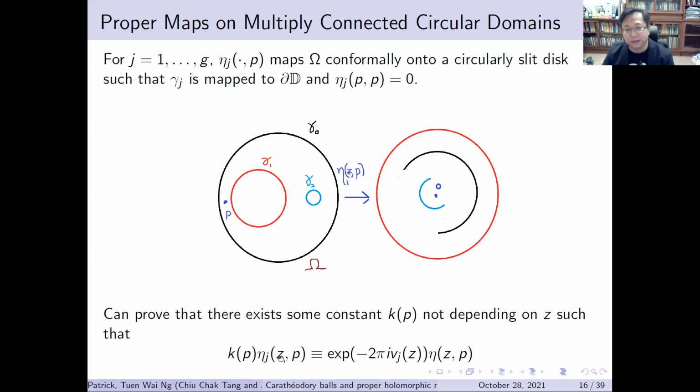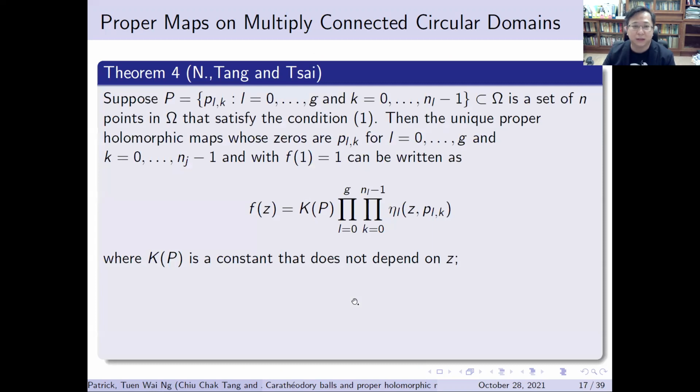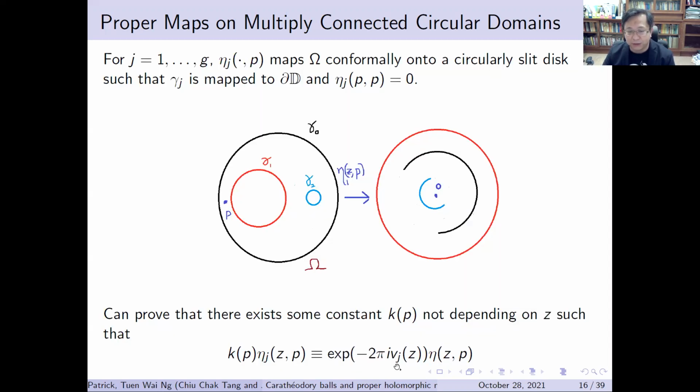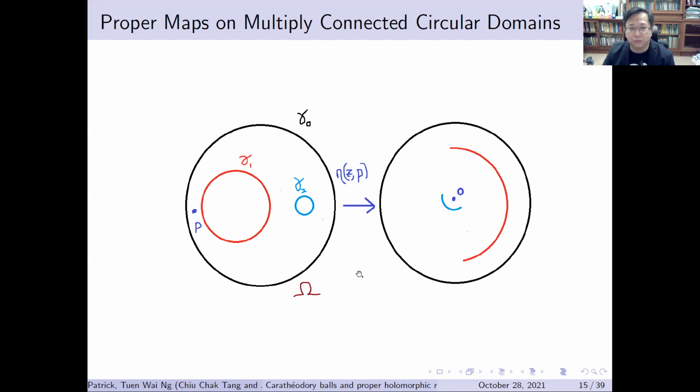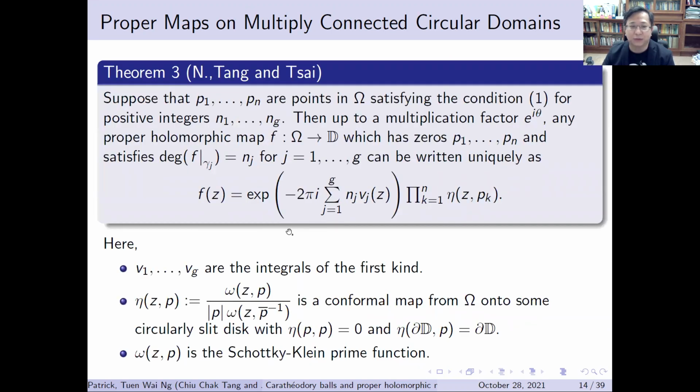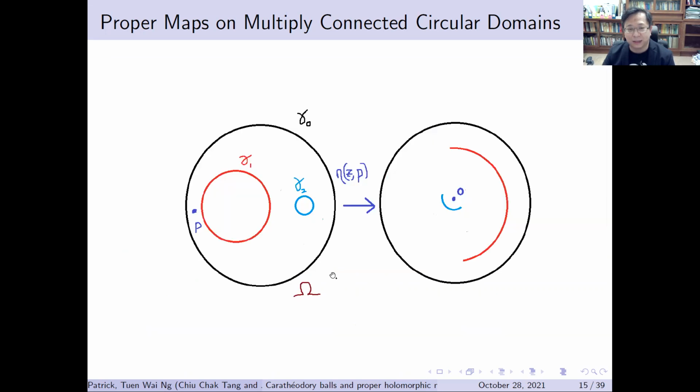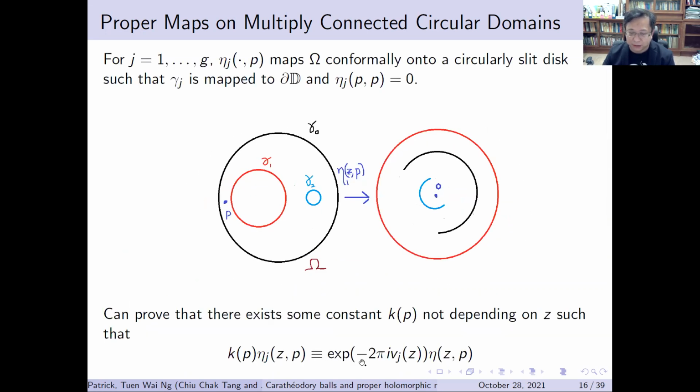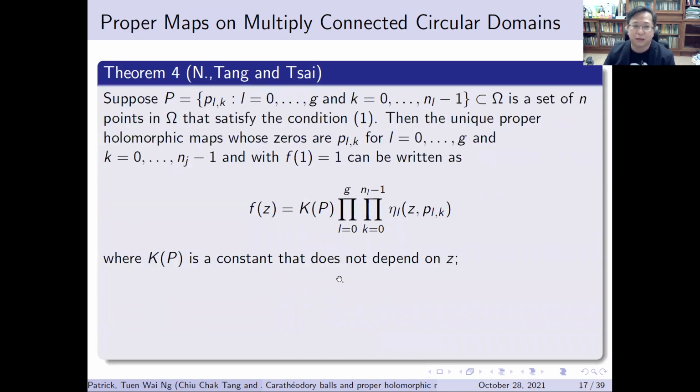But this constant doesn't depend on z, only depends on the point p. Now using this formula here, we can rewrite our result here. We want to get rid of this exponential factor, basically. And then it's not difficult, by using this nice formula, to get the following expression for the proper map.